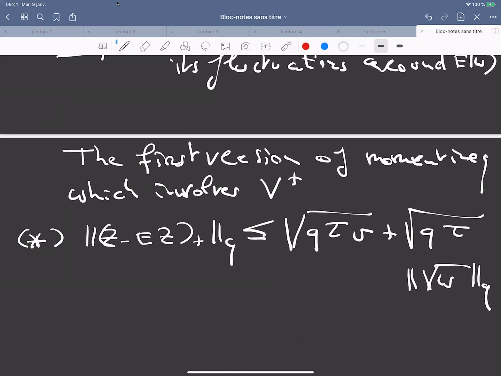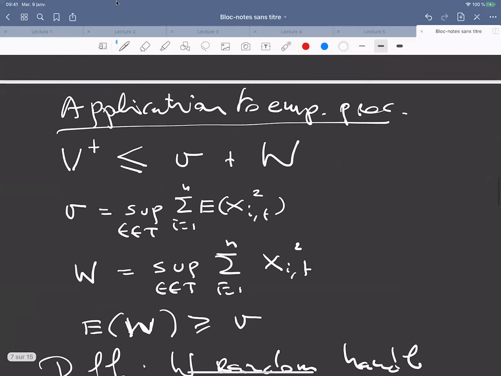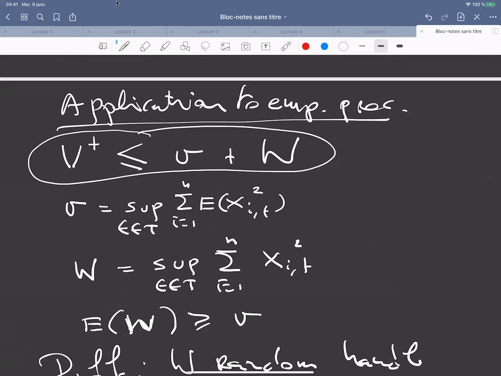And now we have to control this. Monsieur, pourquoi V plus n'est pas apparu ici? I have bounded V plus by the sum of these two terms. Okay. And as I've mentioned, the square root of a sum is less than the sum of the square roots.